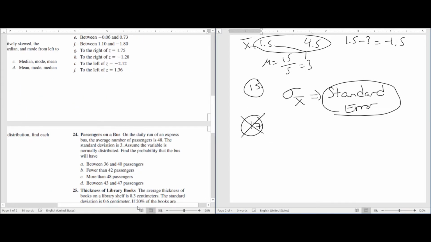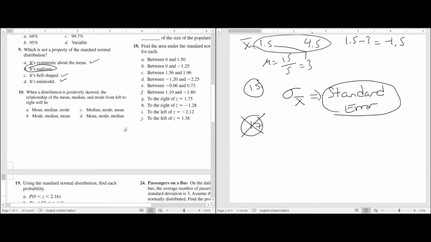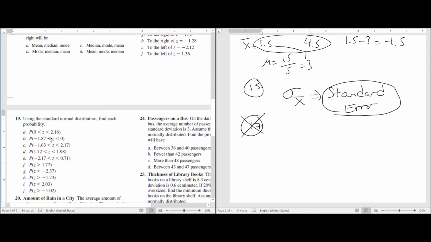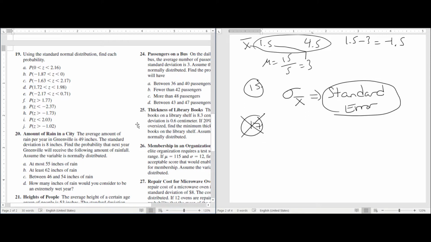All right, so let's go ahead and do number 19. Number 18 is very similar to number 19. Number 18 says between 0 and 1.5, which is the same thing as part A here, where it's saying z is between 0 and 2.16. Just to put that in perspective, I'm not going to do all of these.